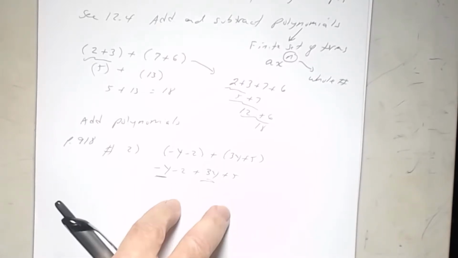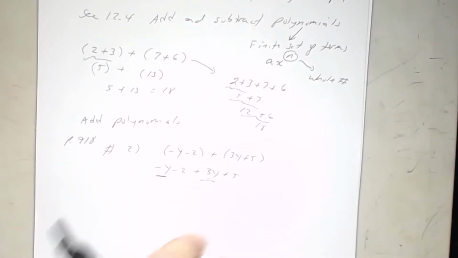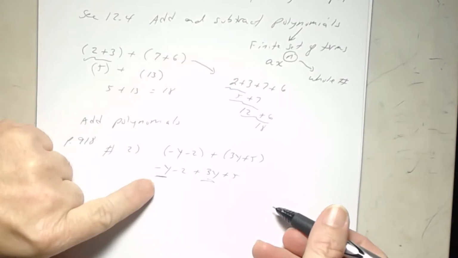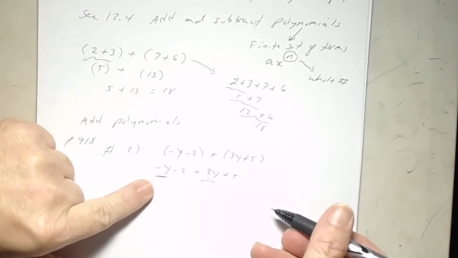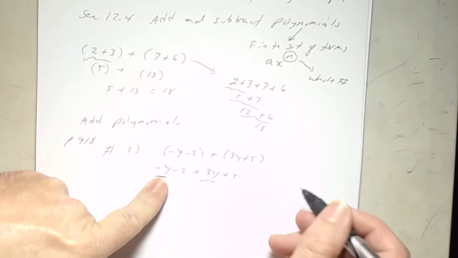All right, so I have this term here, negative y. Can I combine it with something else? 3y. Because those two terms have y raised to the same power. What's that power? 1. So remember in section 12.3, when you look at the videos, basically what you're doing is adding the coefficients. What's this coefficient that I'm pointing to right here, that first term? Negative 1.